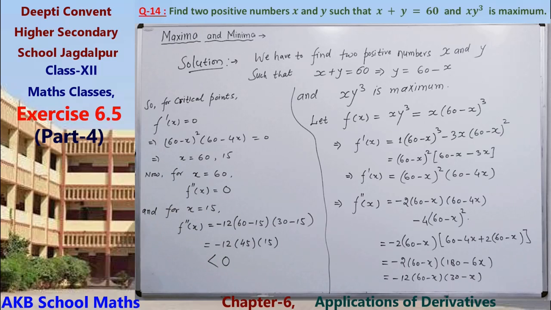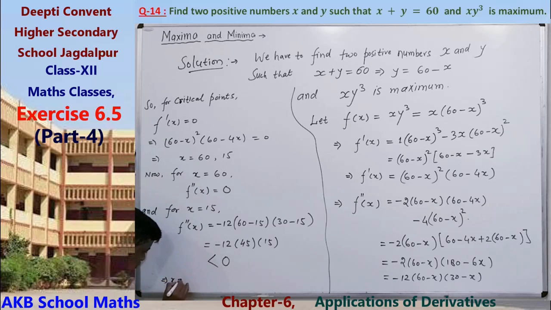So for x equals 15, the double derivative is less than 0. The second derivative is less than 0, that is, x equals 15 is a point of maxima.